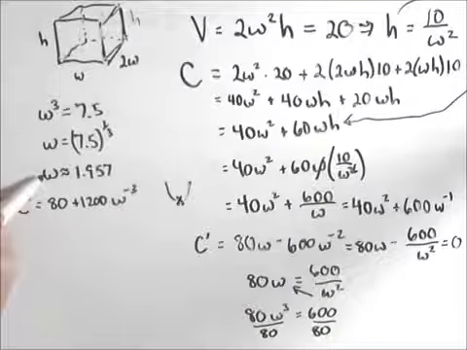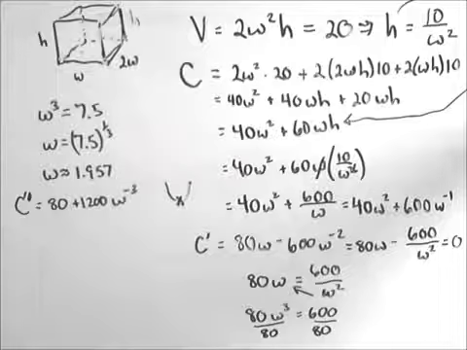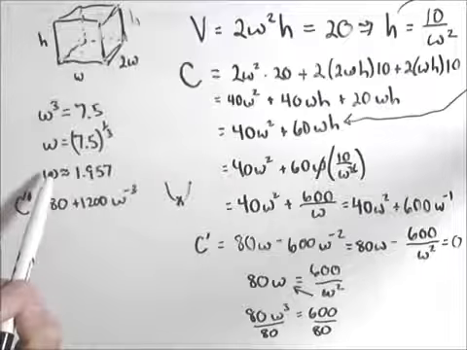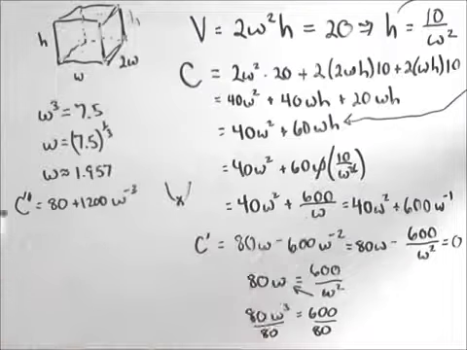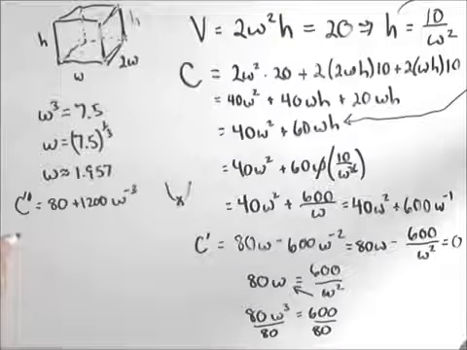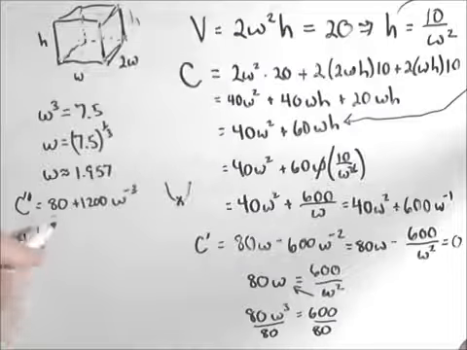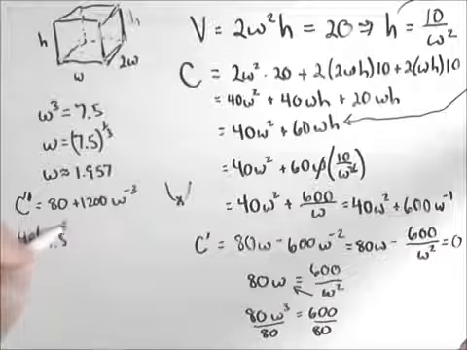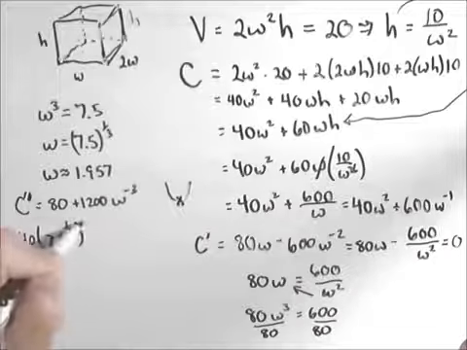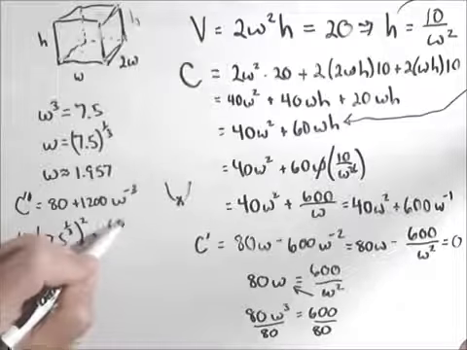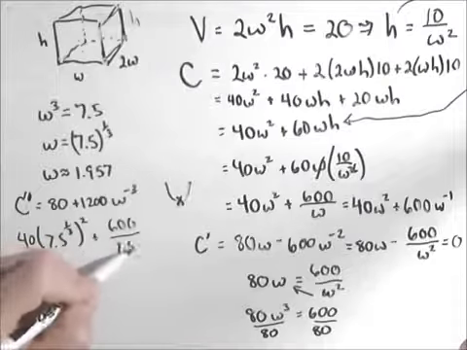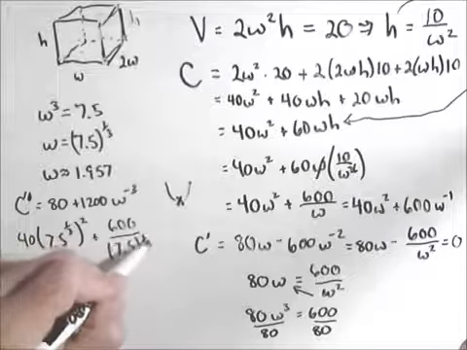Now to get the minimum cost, we could find H, but we're just looking for the cost, so all we need to do is plug that back in to our cost function, which we've found in terms of W. So we have 40 times, and we can actually, if we want, use the 7.5 to the 1/3 to make it a little more accurate, squared, plus 600 over 7.5 to the 1/3.